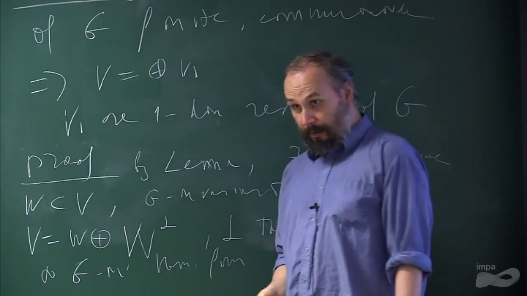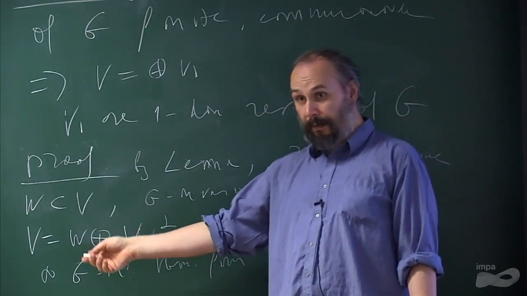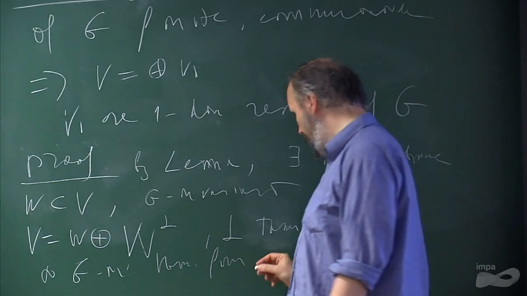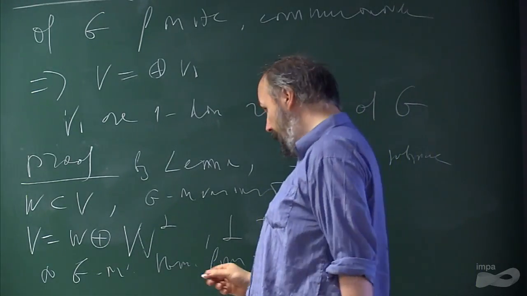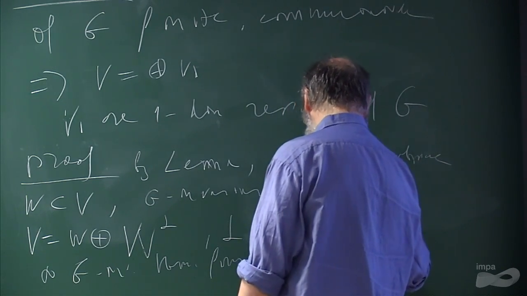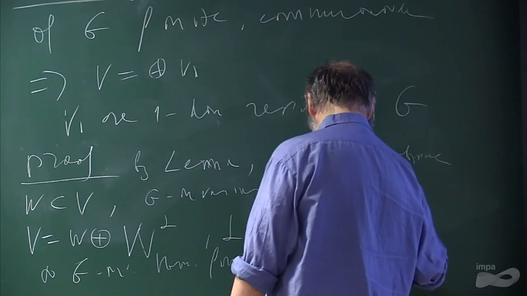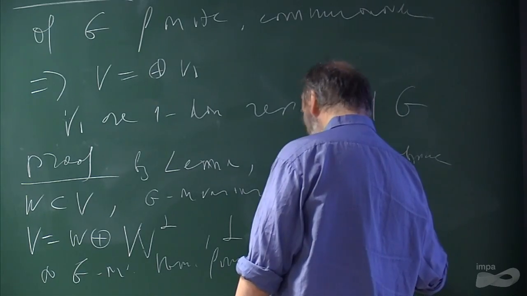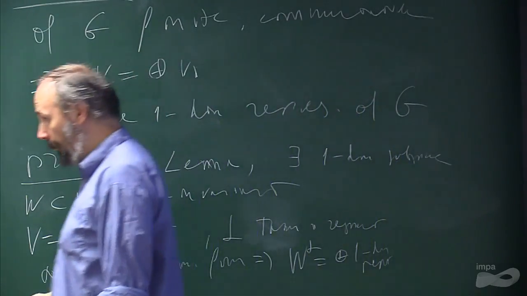This is also a representation because it's orthogonal to a representation. Using induction, we can assume that W orthogonal is a direct sum of one-dimensional representations. This finishes the proof.